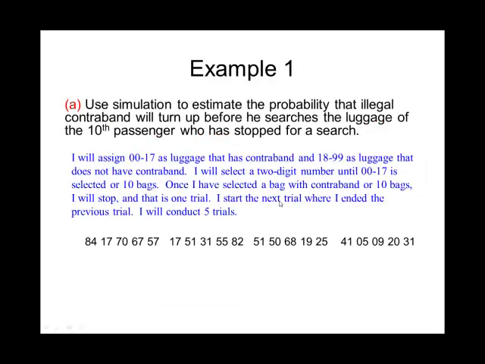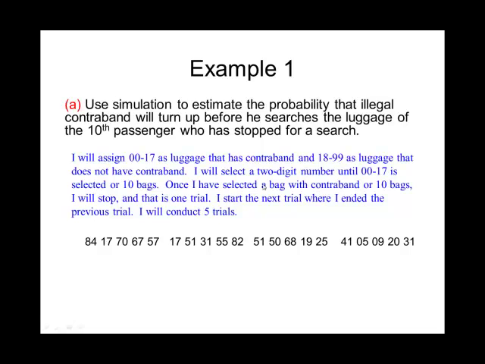So in our 7 steps of a simulation, we're going to assign 00 to 17 as luggage that has contraband. That's going to be our 18%. And 18 to 99 as luggage that does not have contraband. We will select a 2-digit number until 00 to 17 is selected or 10 bags have been selected.